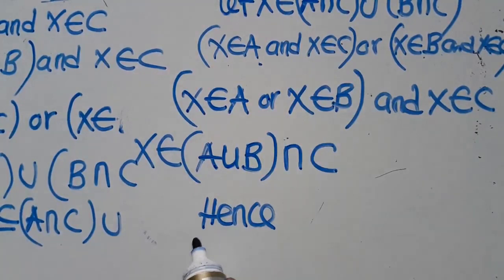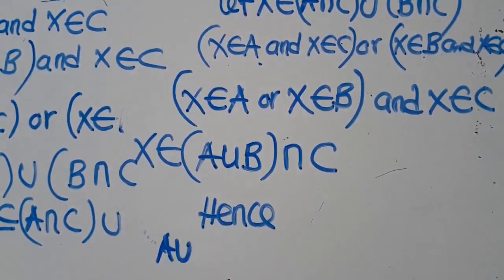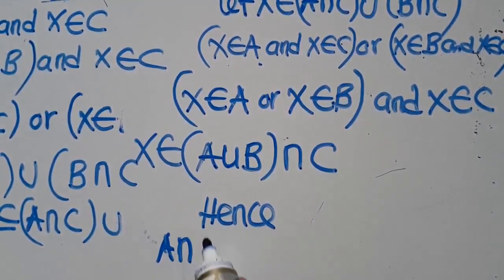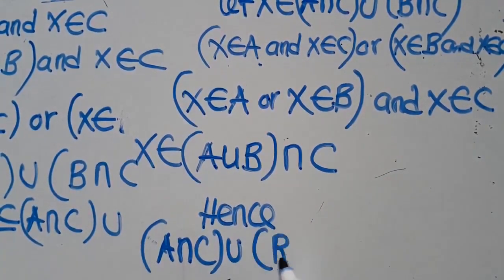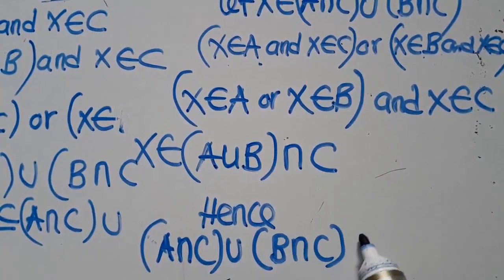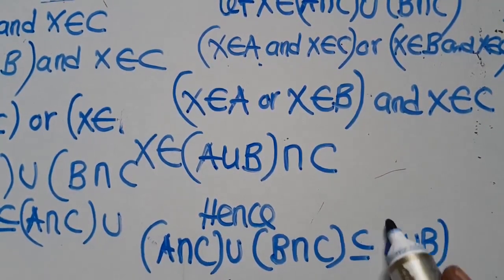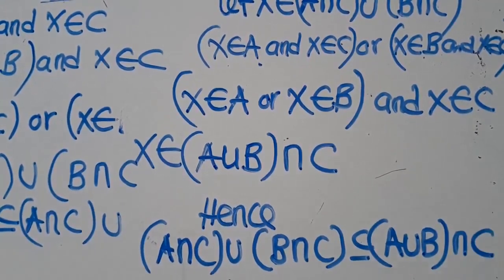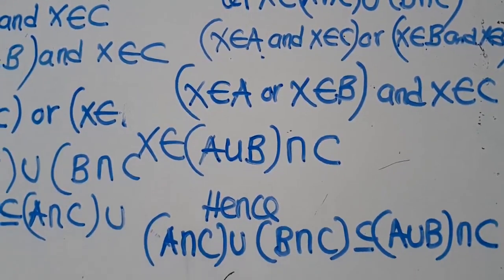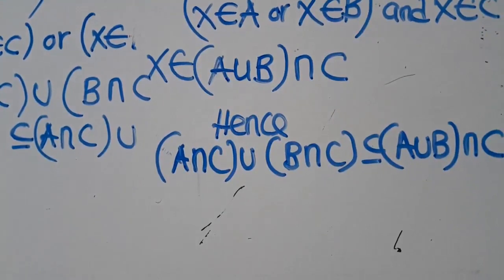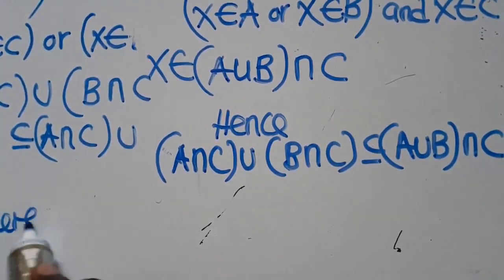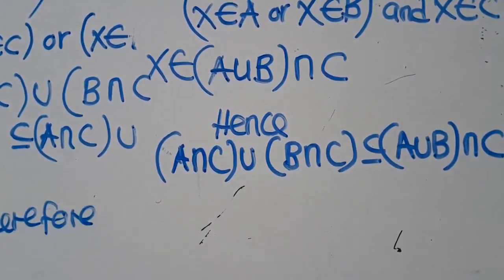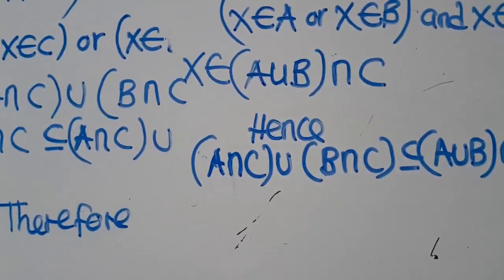Hence. So I'm going to write it here. A intersection C union B intersection C is a subset of what? A union B intersection C, like this. This is what you need to do. Where you conclude and say, this is your conclusion, you are going to say, therefore, you say, therefore what?